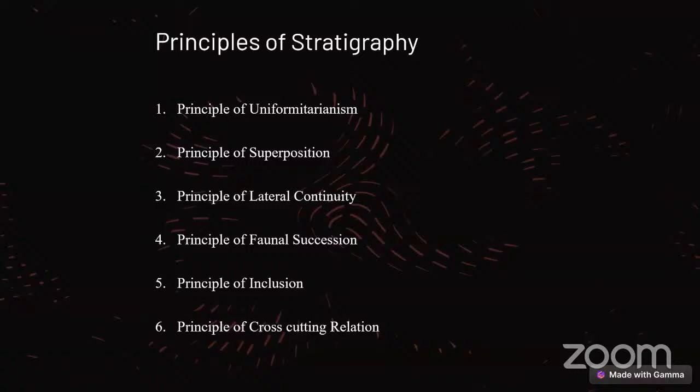When we are talking about stratigraphy, some principles are there: the principle of uniformitarianism, principle of superposition, principle of lateral continuity, principle of faunal succession, principle of inclusions and principle of cross-cutting relations. So these are the principles of stratigraphy.